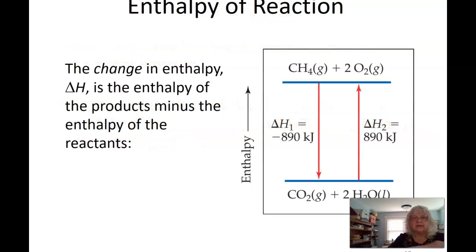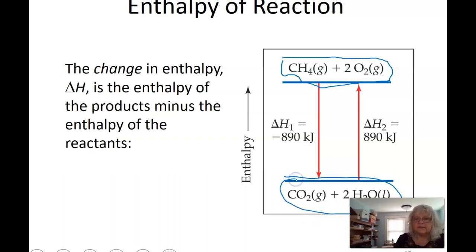So the change in enthalpy, or delta H, is always determined as the enthalpy of the products minus the enthalpy of the reactants. So if you look at this little graphic on the side, if I think about this as a combustion reaction where methane and oxygen, so here's my reactants, goes to carbon dioxide and water, there's my products down at the bottom, then my enthalpy change would be minus 890 kilojoules.